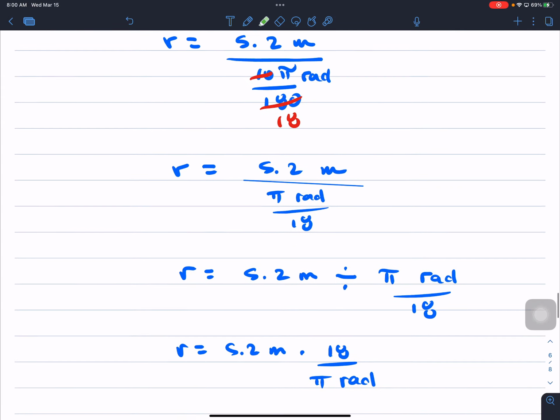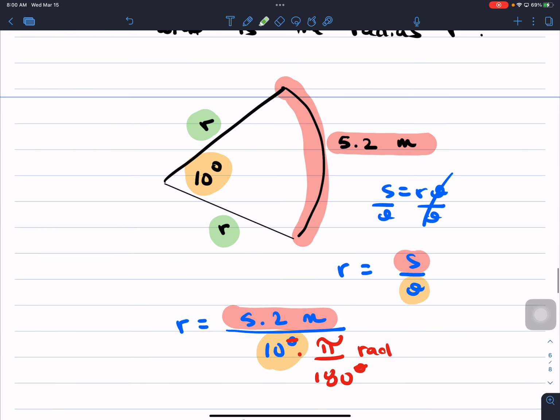So 30 meters is right up in here. Is that right? Okay, you guys okay with that? Yes. Yeah.